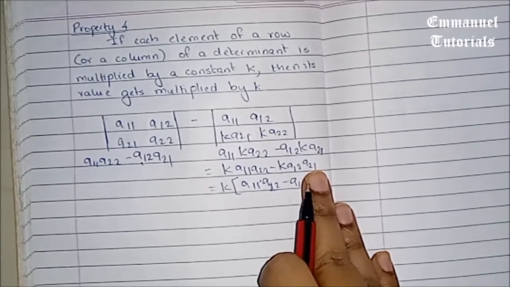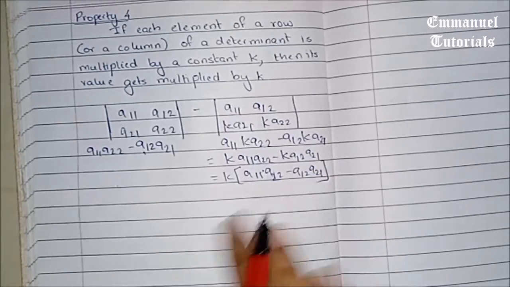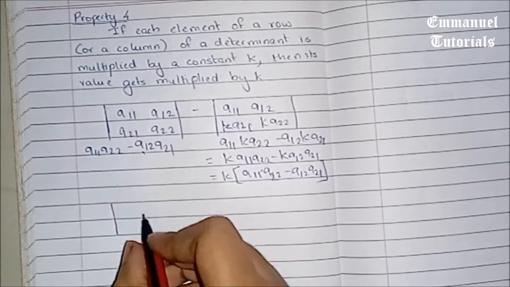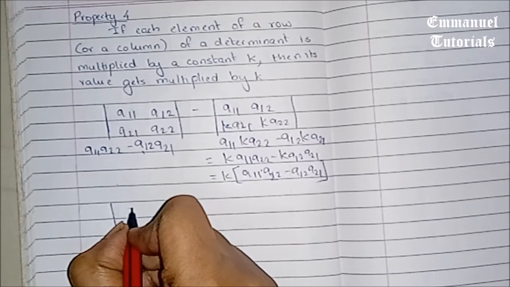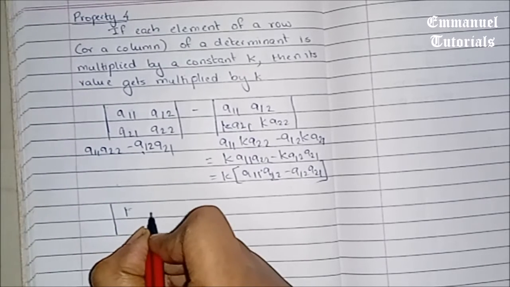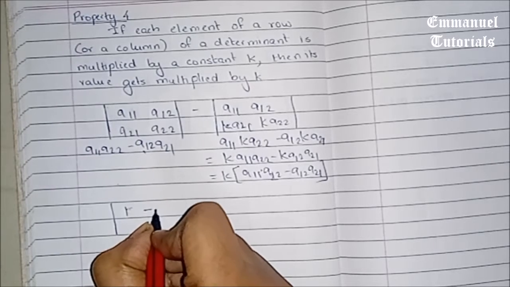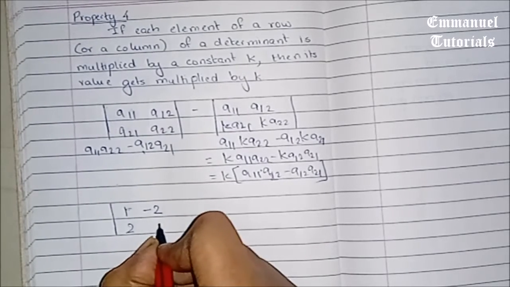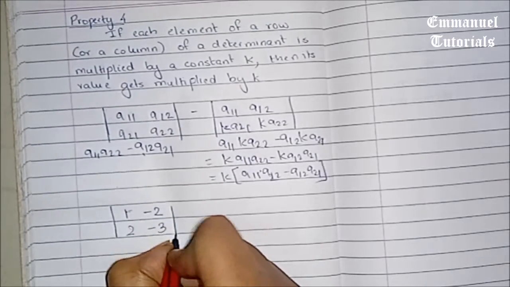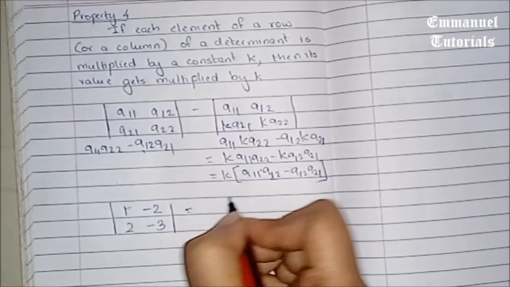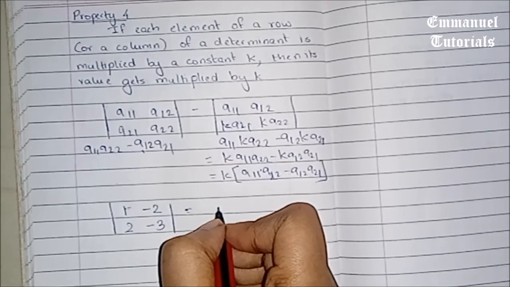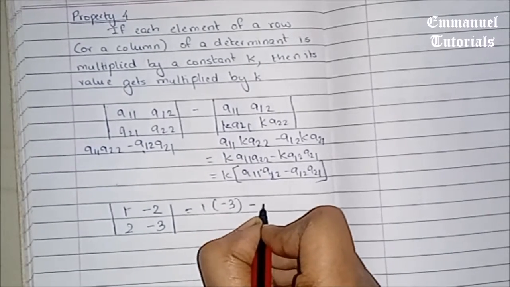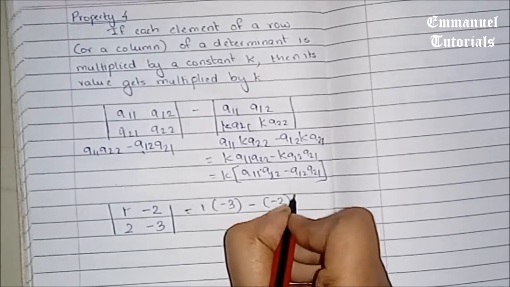Now we'll take a specific example and try to prove that. The original determinant, if we consider it to be 1, minus 2, 2, minus 3, and we find out the determinant value, it is going to be 1 into minus 3 minus 2 into 2.